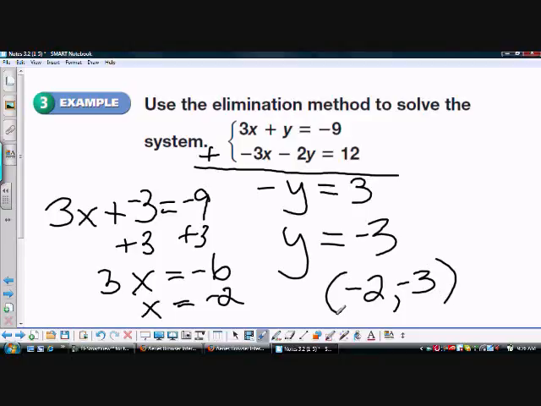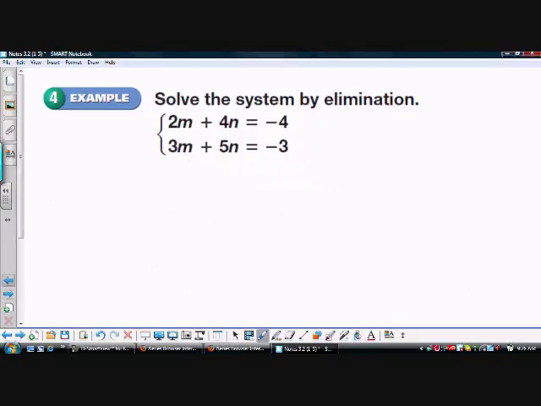Okay, so that's simple elimination. Then elimination method got more difficult, when I didn't have the same coefficient or the opposite coefficient on either of my variables. Okay, so if that didn't happen, we use a different trick.